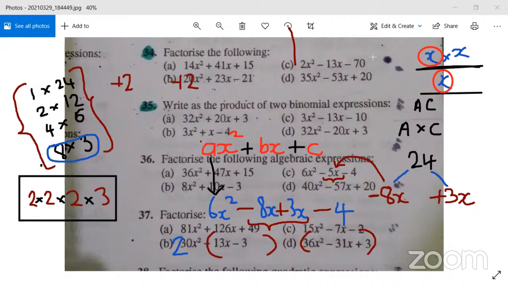Well, let me write the example of the X to the 3 and X to the 2 so that we have a bit of context here. So if we had X to the 3, right, and we had X times X, then of course, the HCF would be different. The HCF in this situation would be X to the 2, right?